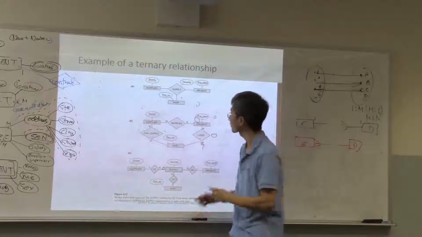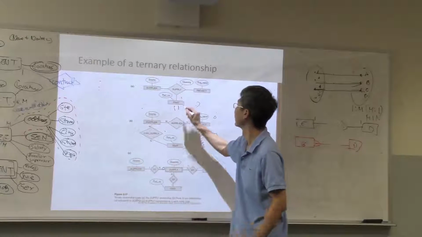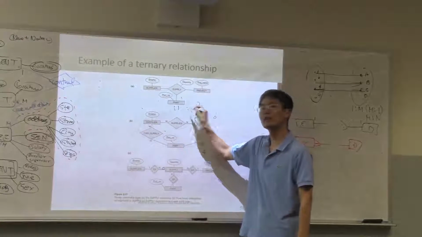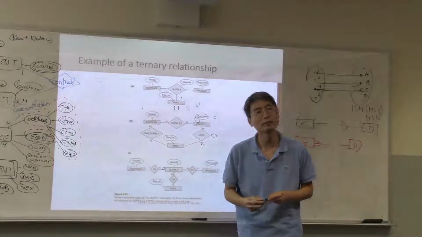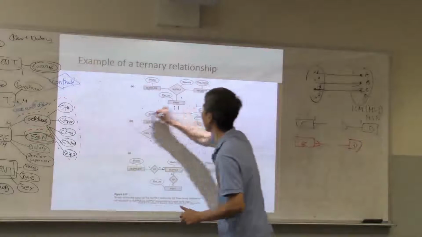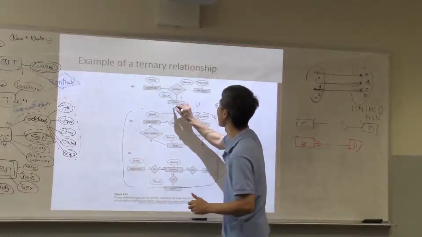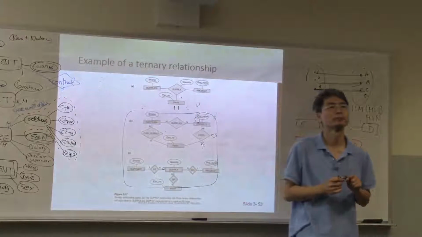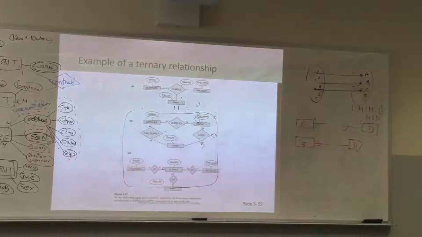Problem? Are they identical? Is it the same meaning? This A and B and C, are they the same or different? It looks like the same, right? But it's not exactly the same.